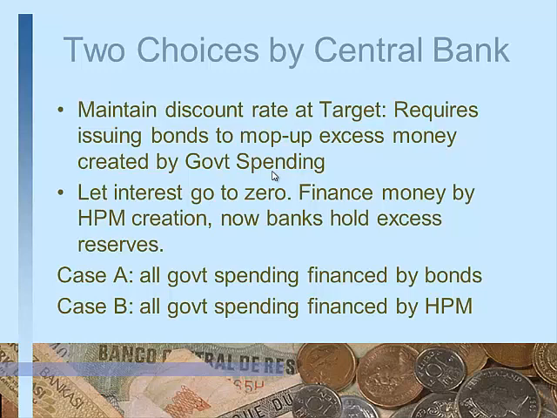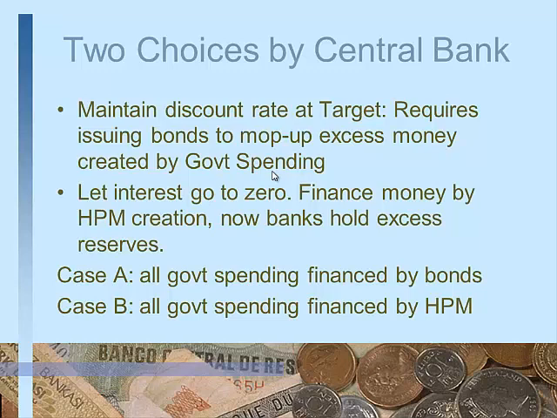If you let the interest rate go to zero, there will be excess reserves in the banks. All the new money will be high-powered money, which has been created by the central bank, and there will be no mop-up. So in the first case, all of the new government spending will be financed by the sales of bonds, and in the second case, it will be financed by the creation of high-powered money. From some points of view, this doesn't matter.